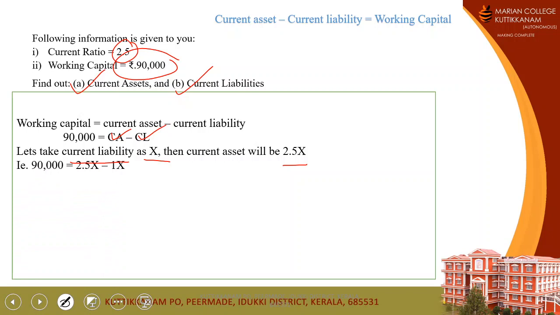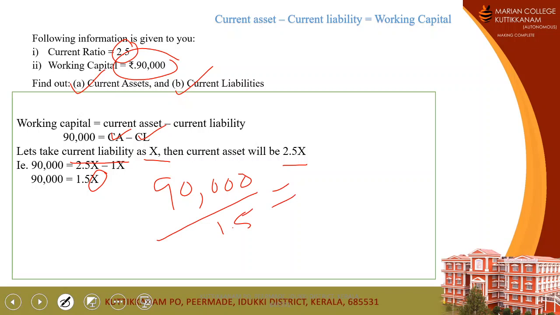When we subtract 1x from 2.5x, we will get 1.5x. So here we need to calculate what this x is. How can we calculate that? Yes, 90,000 divided by 1.5 will give you the amount of x. So the answer is 60,000.